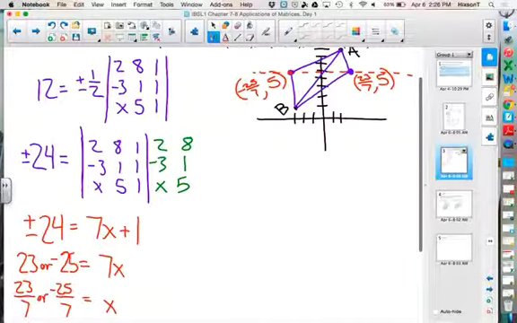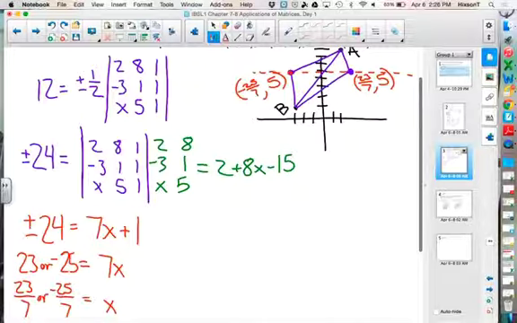So now I'm working with my diagonals. Okay, 2 times 1 times 1 is 2. 8 times 1 times x is a plus 8x. Then 1 times negative 3 times 5 is a negative 15.